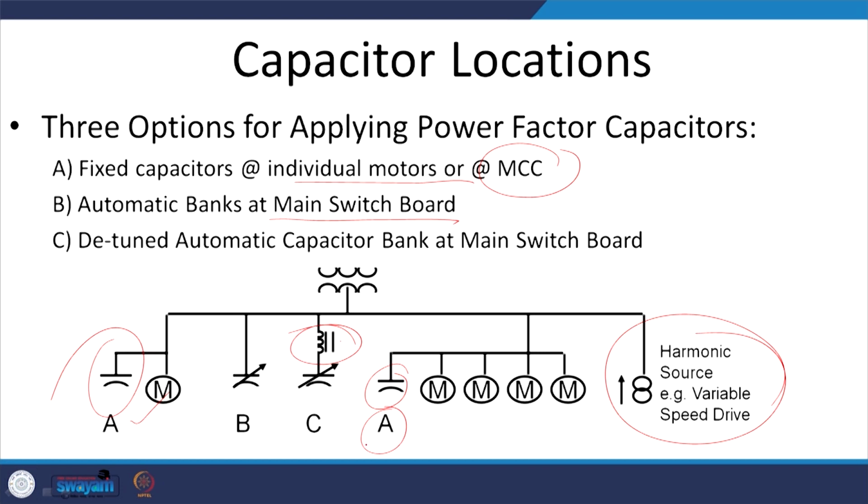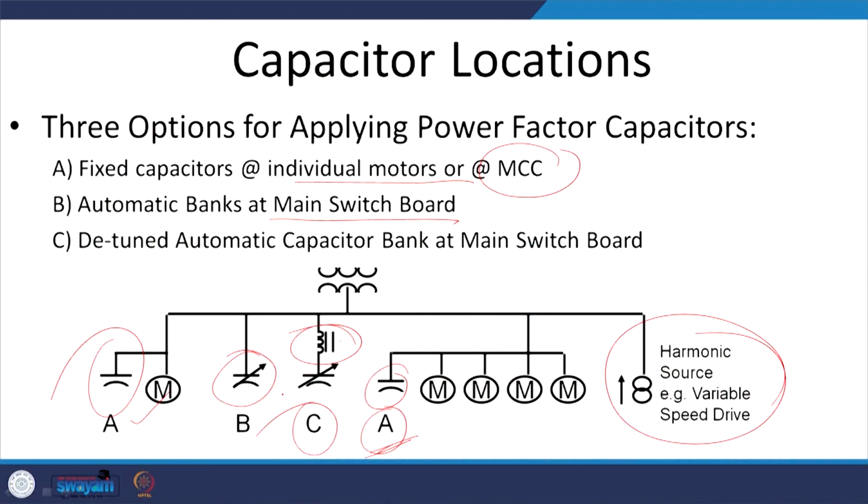For this reason this is the inferior solution. Next, since in B you can switch it on, this is a little bit superior solution, because according to the load you can turn on the capacitors. And the best solution is C, where you can also detune this capacitor so that it does not cause resonance with the adjustable power supply.